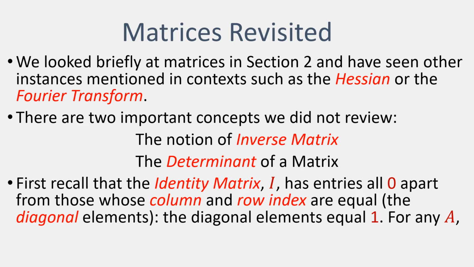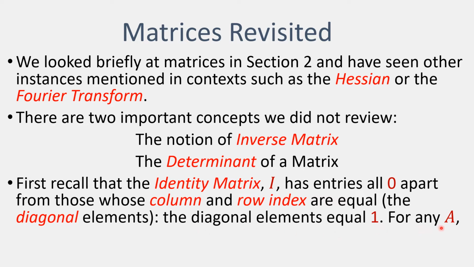So before going on to talk about those, let's just remember we had this special matrix called the identity matrix, and all of the entries of this are 0 apart from its diagonal elements, in which all of the elements equal 1.